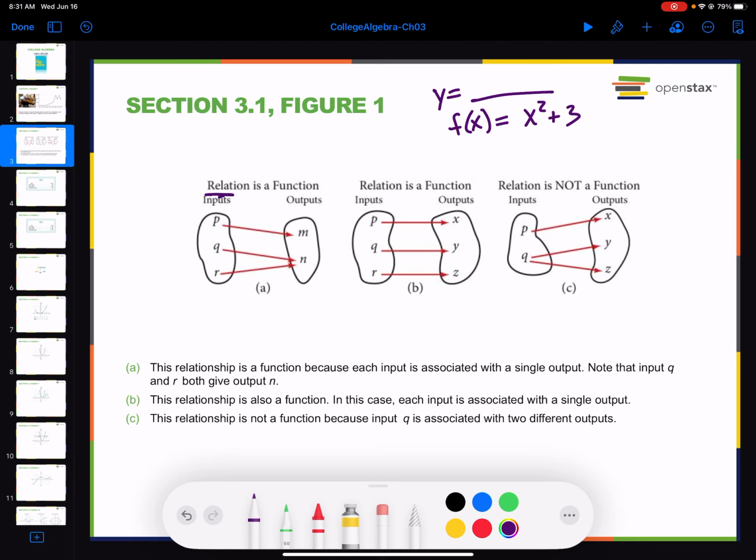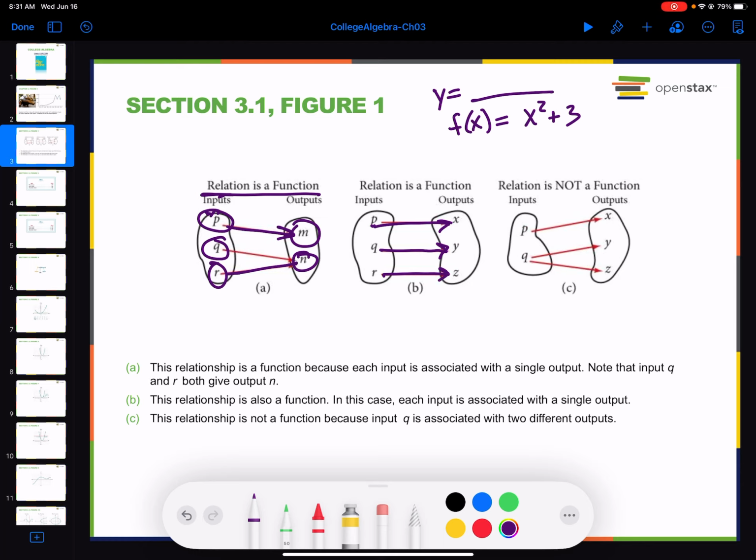When we're talking about whether or not something is a function, we can look at the input values and see if they map to just one output value. In this case, each of these inputs maps to one single output, so this is a function. This next one also maps to just one single output for each input, so this is also a function.